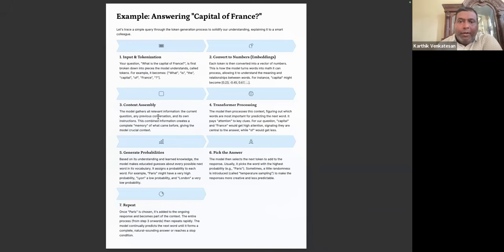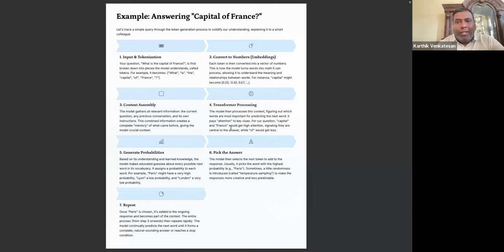Then it will understand the context that you are talking about a particular place and country, and you want to know the capital of that country. Then it uses neural networks and transformers to process this data, and it'll apply attention. "Attention Is All You Need" is the paper that made all this possible.